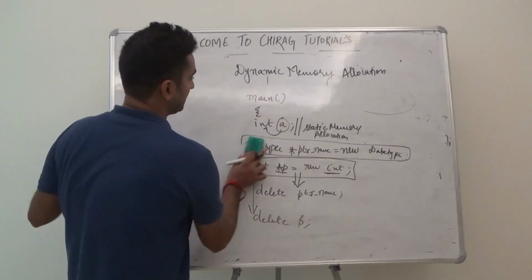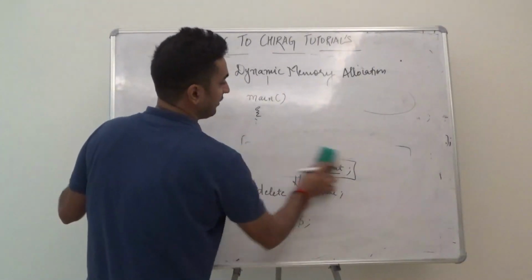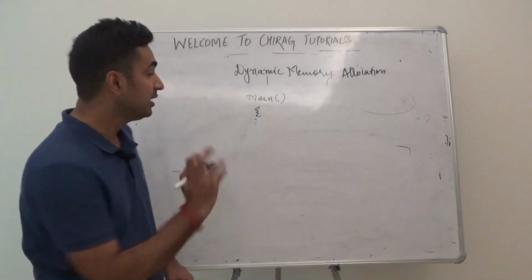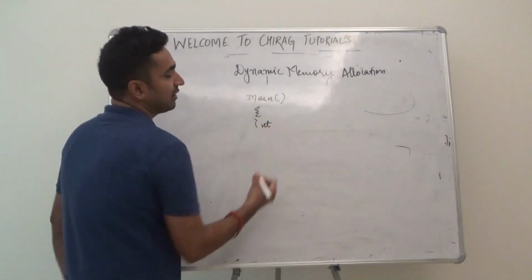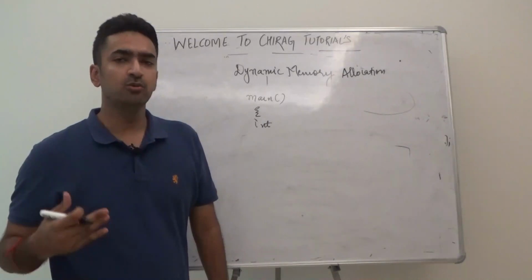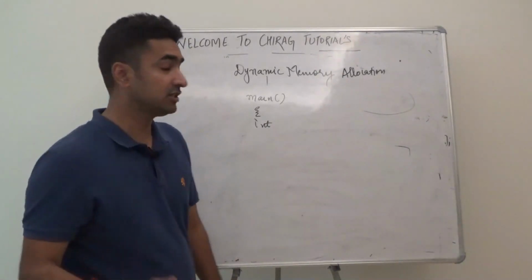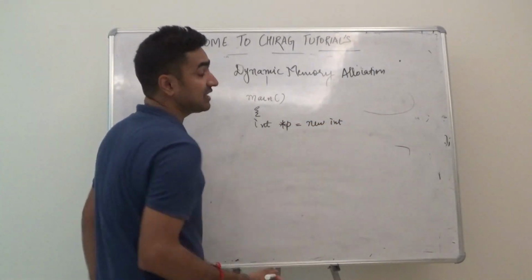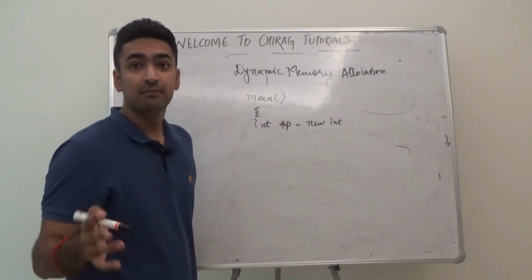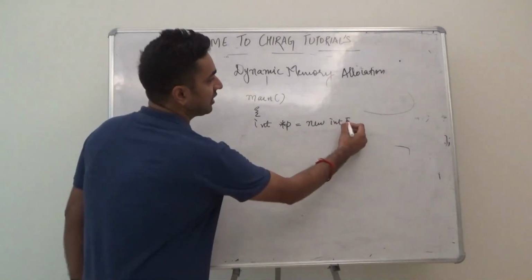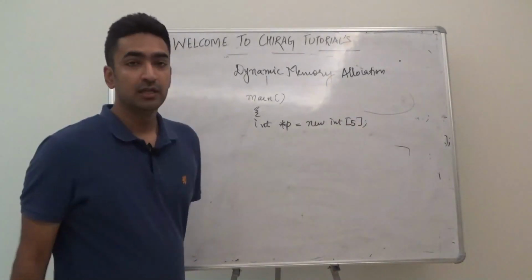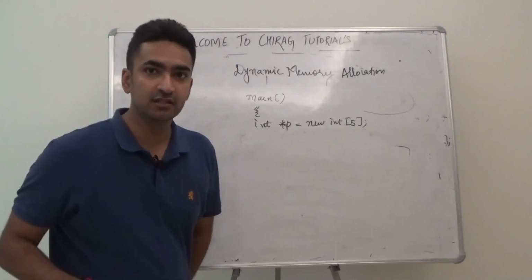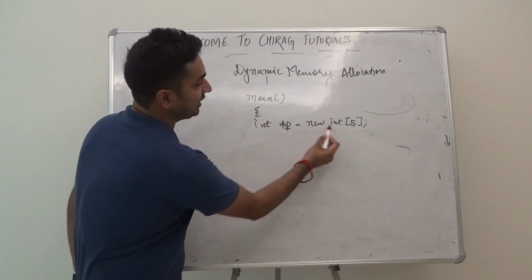So let's take an example to access many values. If there are more than 5 or 6 values, how do we allocate them? Let's say I want to assign values to 5 integers. So I write int star p is equal to new int, and since I want to create an array of 5 integers, dynamically using pointers, I will write 5. Now it will see that 5 integers will be used, and p is pointing to the first integer.